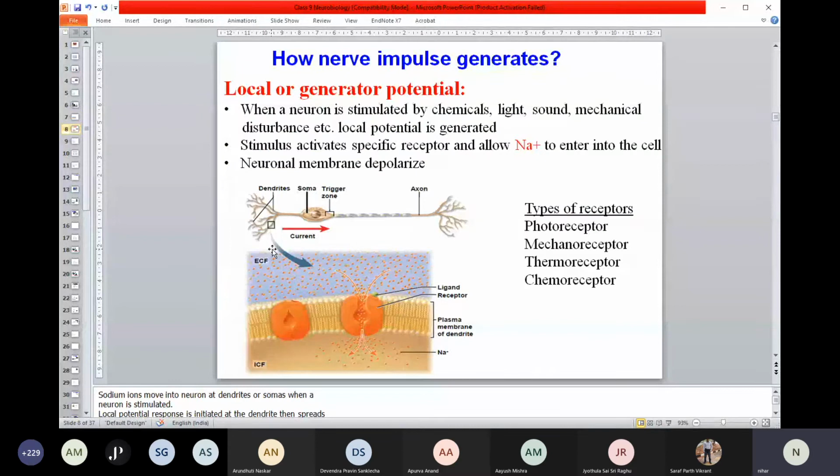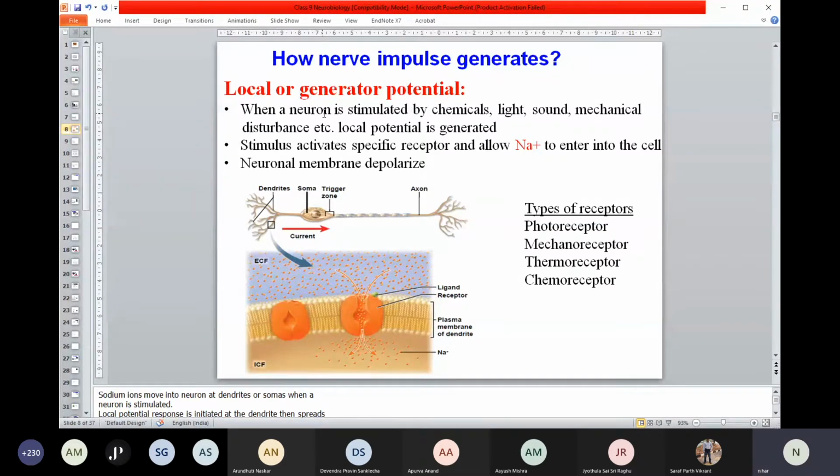Then the question is, how is the electrical signal generated in response to various stimuli? It can be light, photons, sound waves, or different kinds of touch, temperature, chemicals, whatever you can think of. Take an example of light.